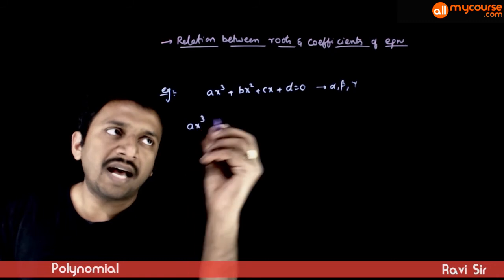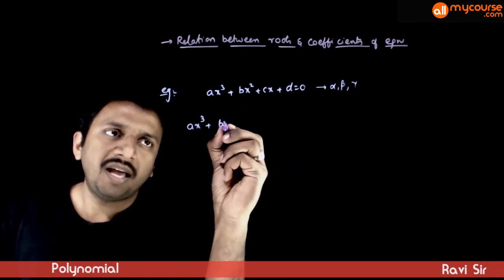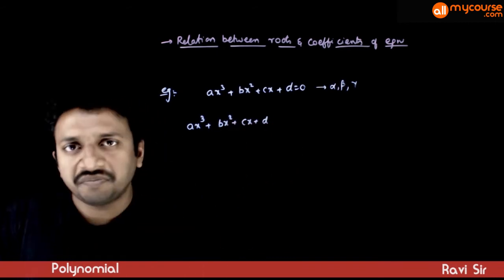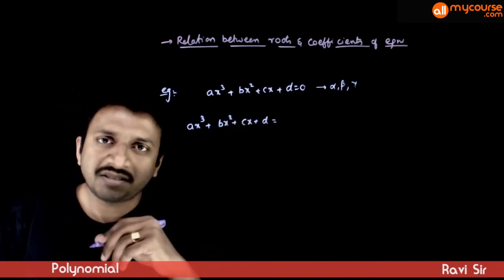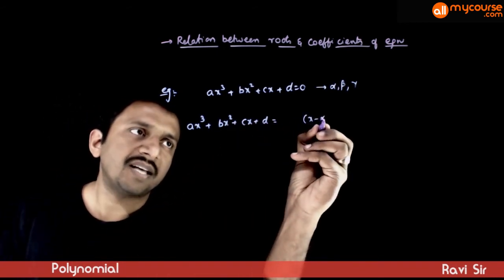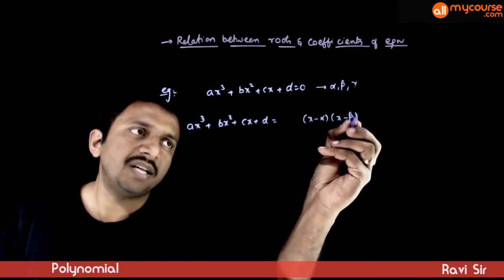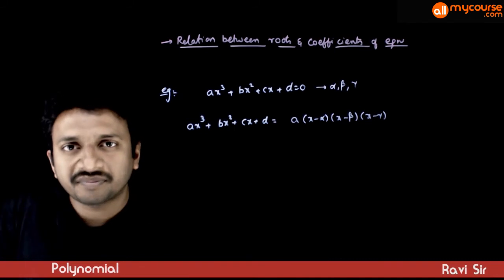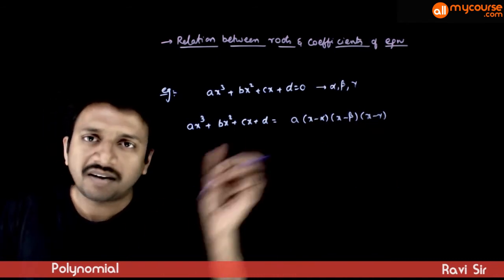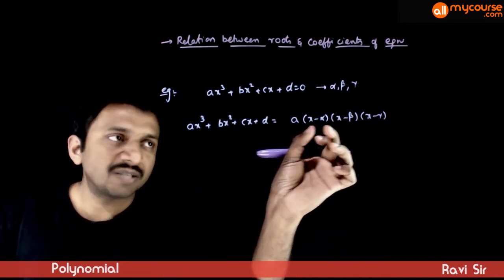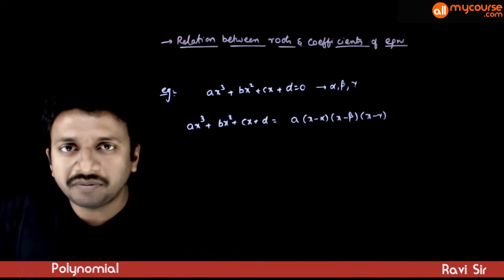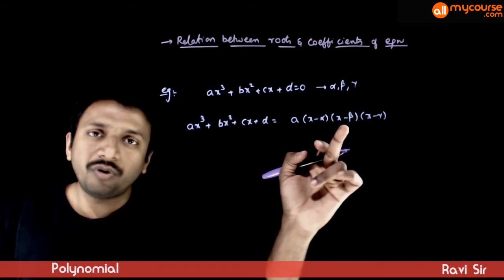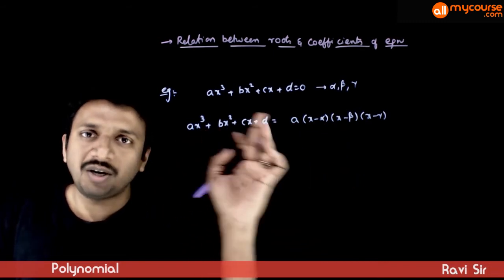So if the roots are alpha, beta, gamma, ax cube plus bx square plus cx plus d can be written as a times x minus alpha into x minus beta into x minus gamma. Because these three are the factors, for the x cube coefficient on both sides to be the same, you need to put an a here.